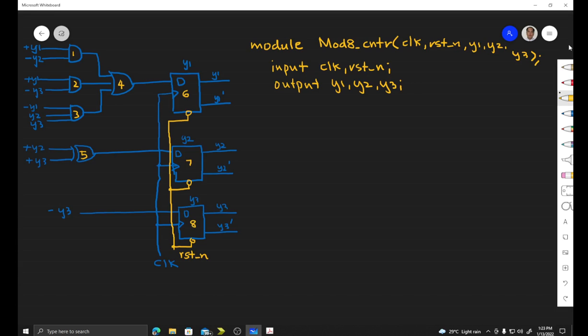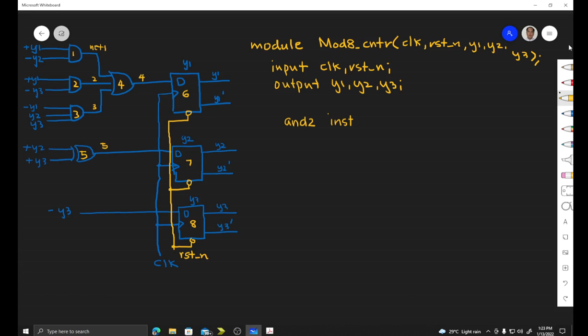So let's say we want to use an AND gate, a 2-input AND. Let's instantiate our first logic gate, which is an AND. So let's say this is our wire, and let's name it net 1, net 2, net 3, net 4, net 5.